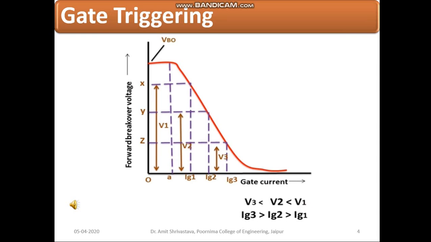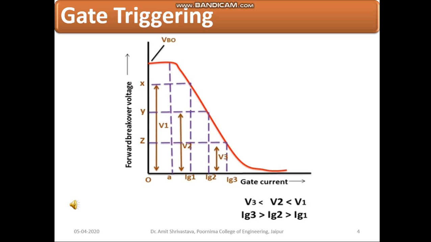The effect of gate current on the forward breakover voltage of a thyristor can also be illustrated by means of a curve as shown in this figure. For Ig less than OA, forward breakover voltage remains almost constant at VBO.